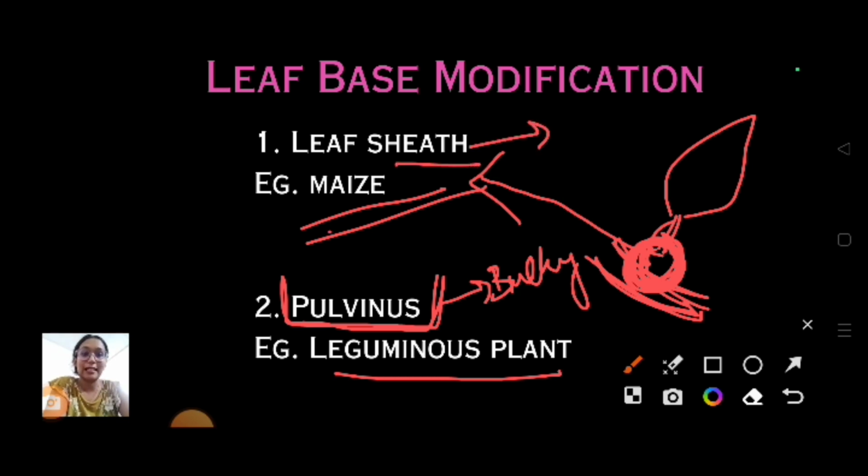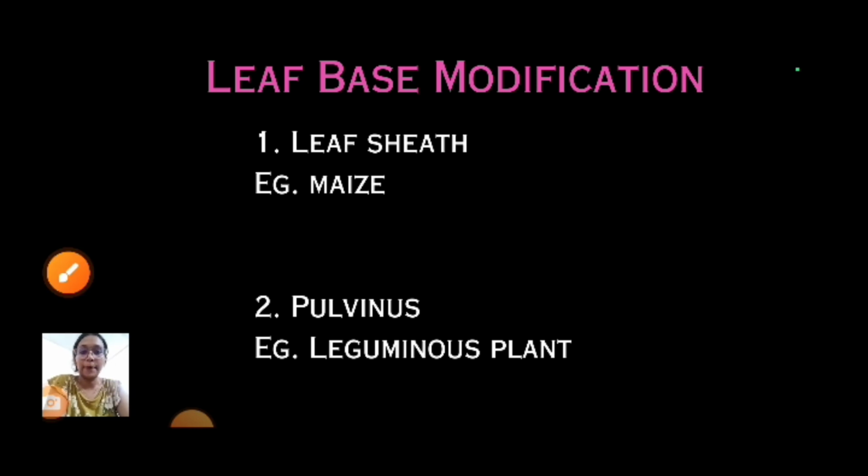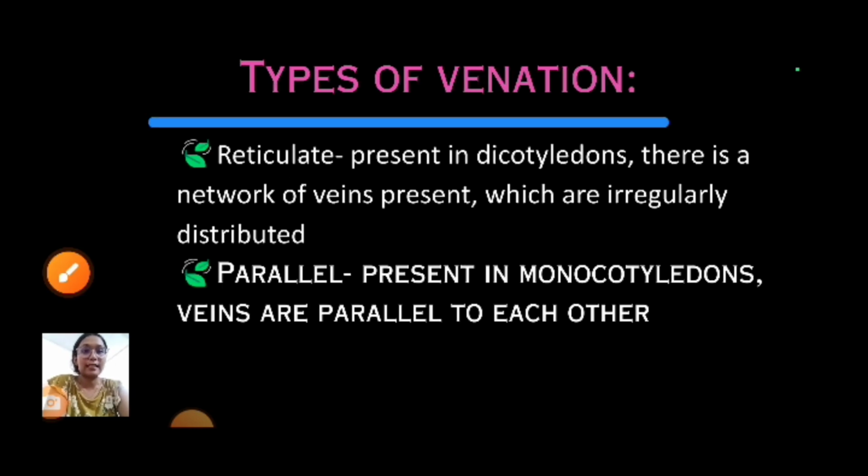You can see this in maize, and in leguminous plants like the pea plant. Is it clear? Towards the base it can form a sheet-like structure, or it can form a swollen, bulky structure which is called a pulvinus.